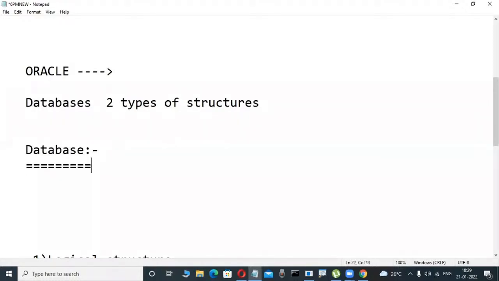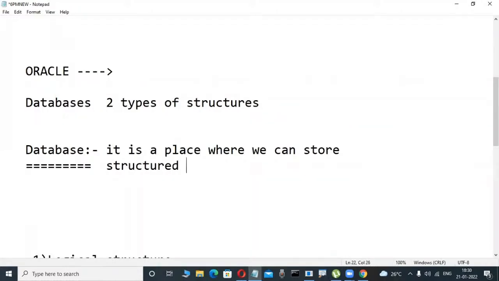Anybody observing in Google or in books will see it is a place where we can store, in a computer system, a structured collection of data. They are telling only that: a structured collection of data. What is data, what is information, what is DBMS, that is later.